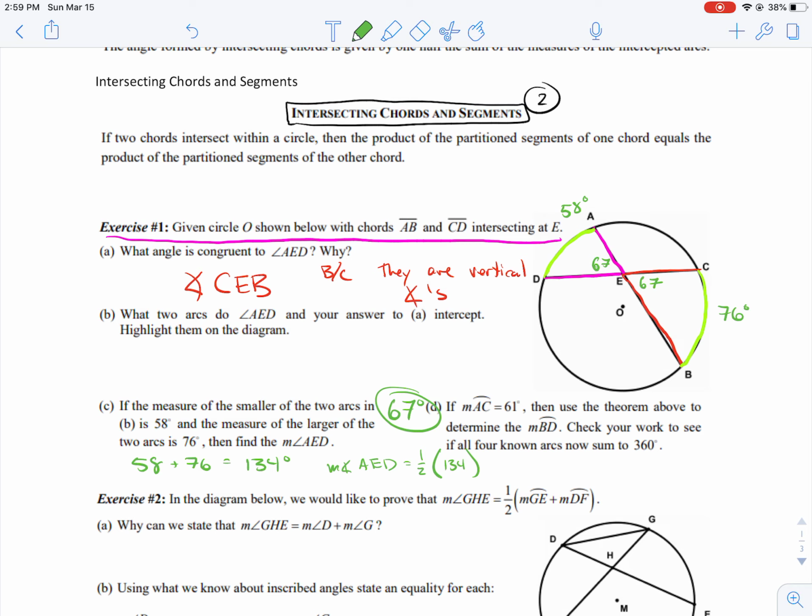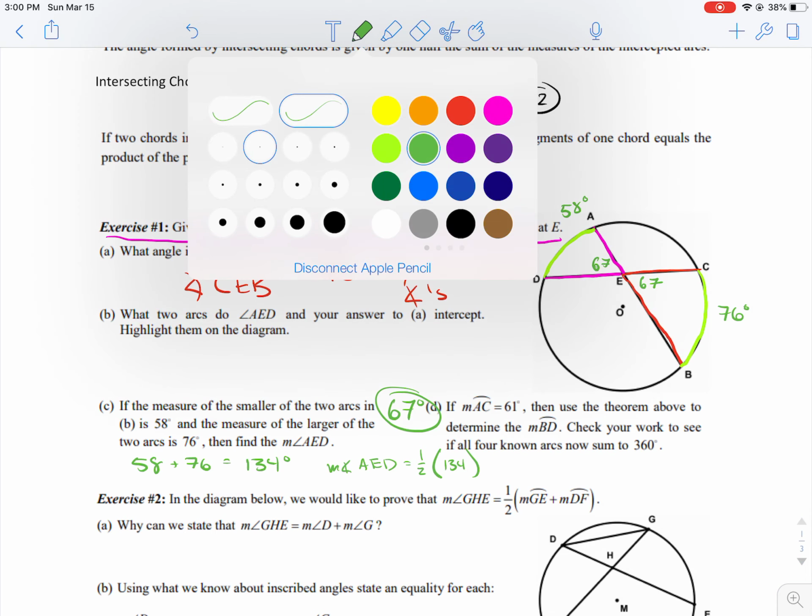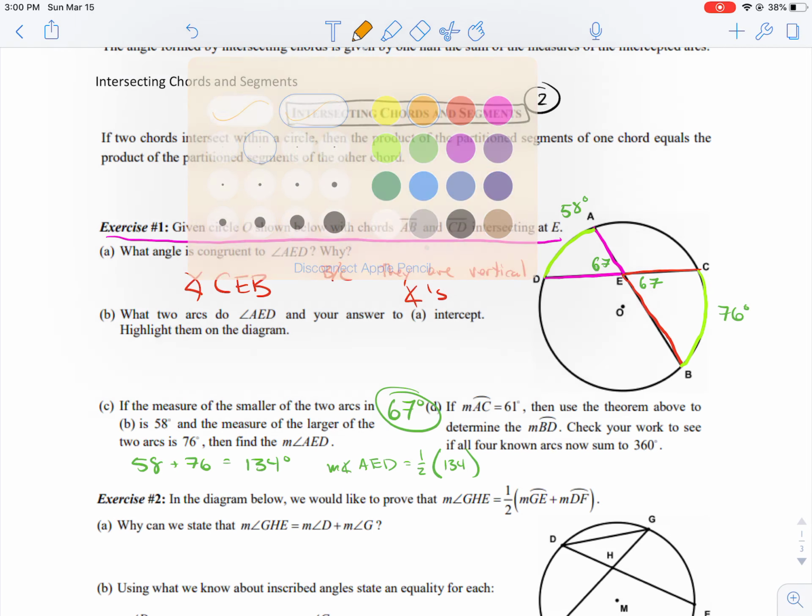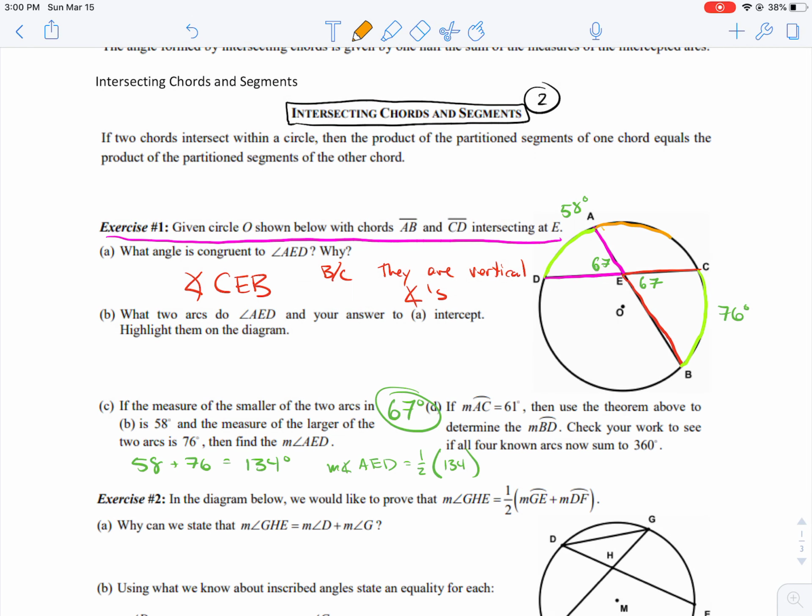Letter D says if the measure of arc AC, I'll highlight that in orange, is 61 degrees, then use the theorem above to determine the measure of BD.